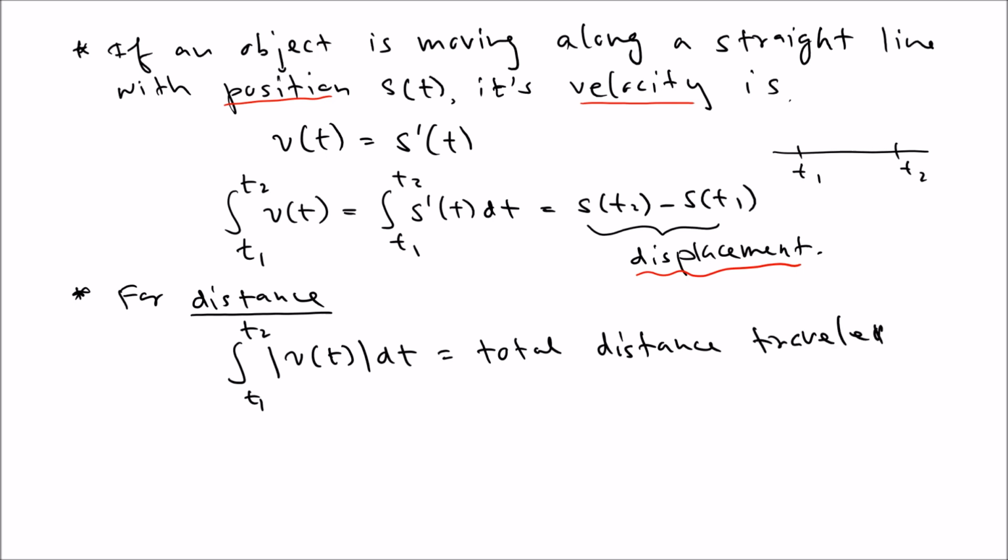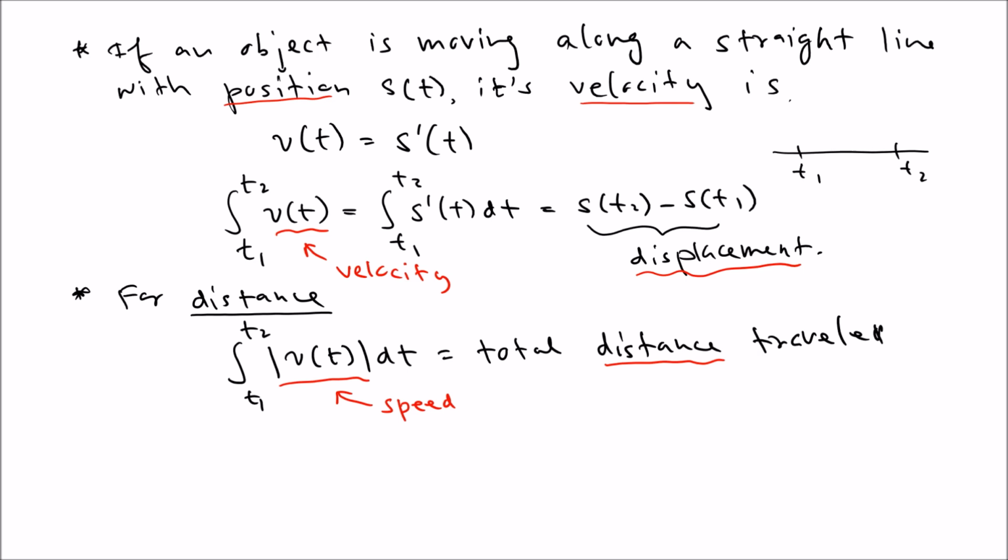So here you have to be careful. If you need the distance, you need to take the absolute value. If you need the displacement, you just integrate the velocity function. Once you take the absolute value, this is simply speed. So if you integrate the speed, you get the distance. If you integrate the velocity, you get the displacement.